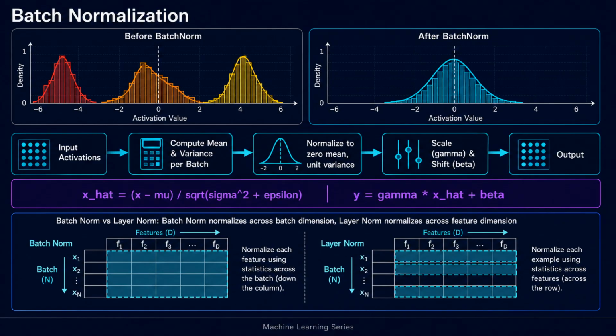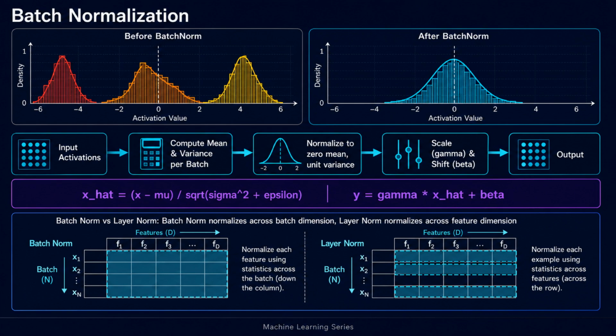For each mini-batch, batch normalization normalizes the activations to have zero mean and unit variance. It then applies two learnable parameters, gamma for scaling and beta for shifting, allowing the network to recover any representation that is optimal.